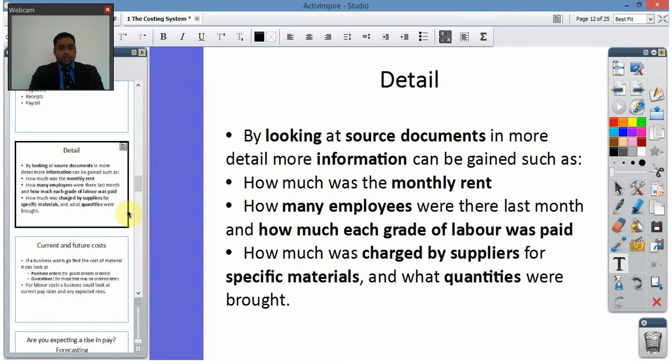Detail. So you can find details for your management accounting information by looking at source documents, by looking at information in your financial accounts, and then using that information, labour, so the wages that you paid. So you can use all this information to actually plan for your future. You can use your historical costs to plan for your future.